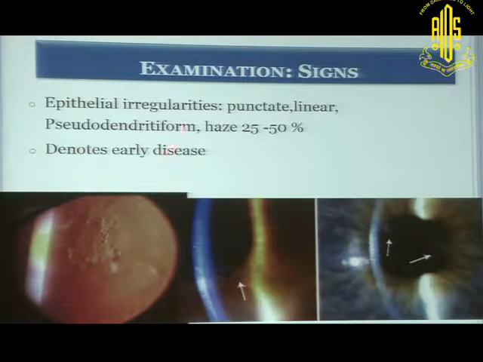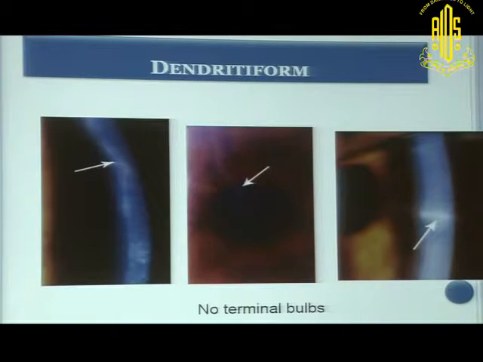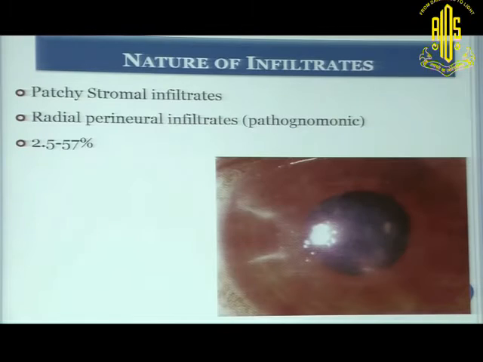On examination in initial cases, the initial signs will be some epithelial irregularities, which can be punctate or linear. They can have dendritiform appearances, and this denotes early disease. These are pseudodendritiform because they don't have terminal bulbs as seen in viral keratitis, but they look like dendritiform.